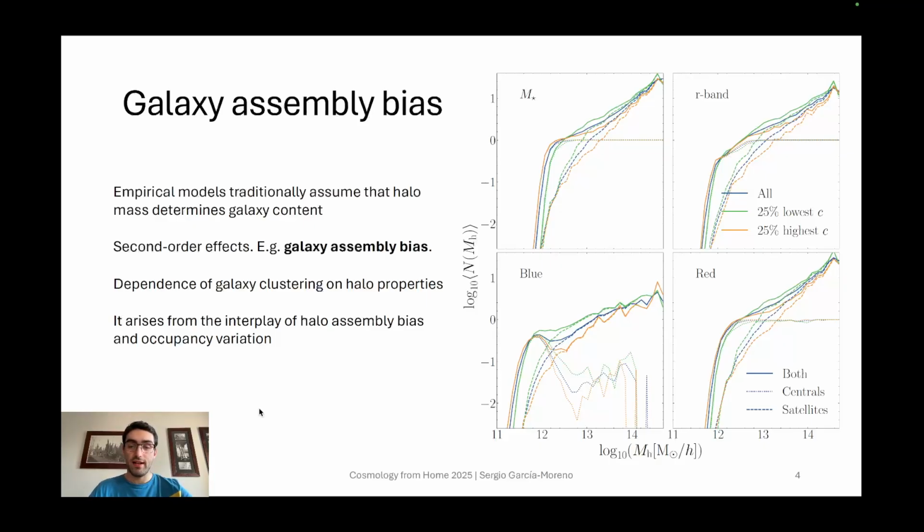Likewise, if galaxies randomly populate halos independently of any given property, then the halo assembly bias signal of halos with higher values of that property may cancel out with that of the halos with lower values of the property.